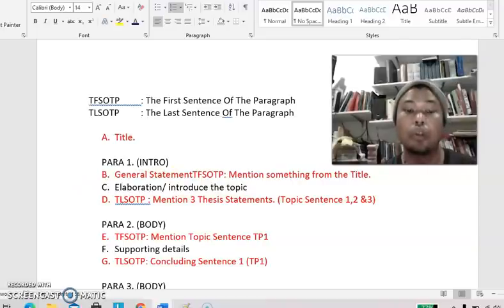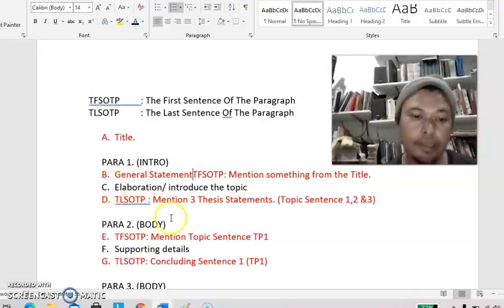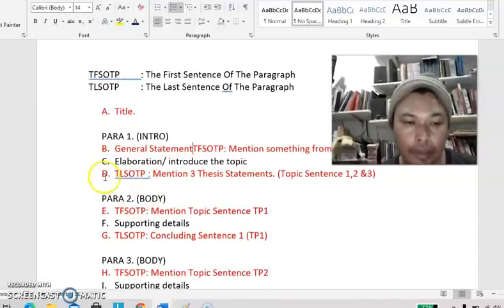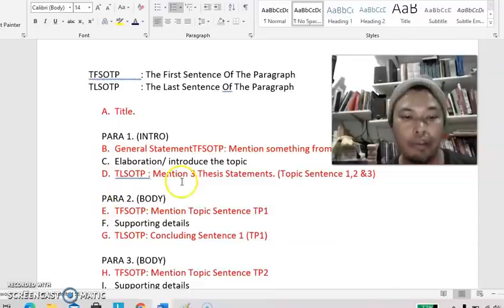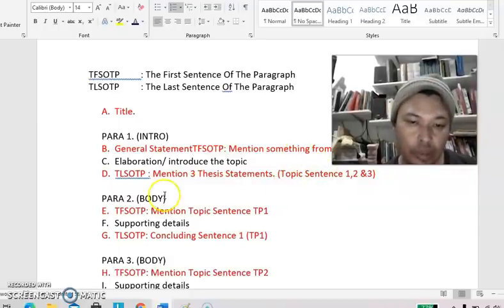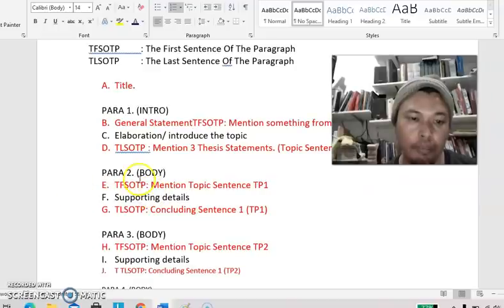So I'm going to tell you very early on that you have to mention something from the title. You elaborate a bit, introduce your title, and then the last sentence of the paragraph, this is very important. You have to mention the three thesis statements: topic sentence 1, point 1, point 2, and 3. And point 1, topic sentence 1 will go in paragraph 2.